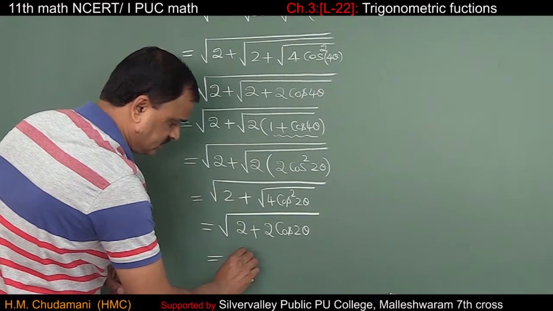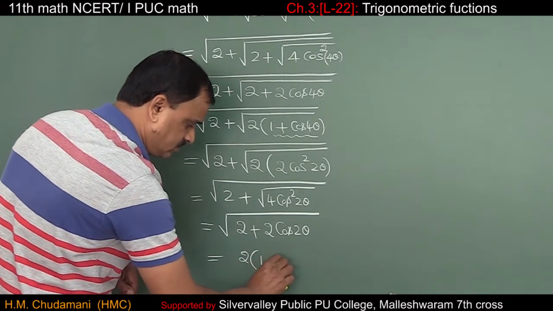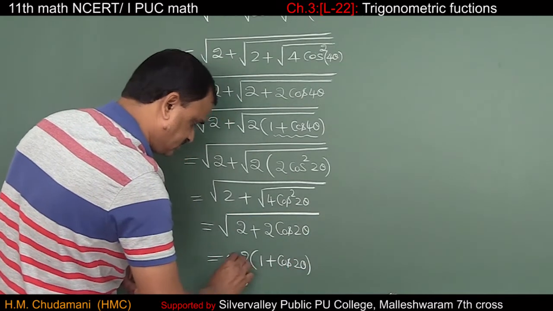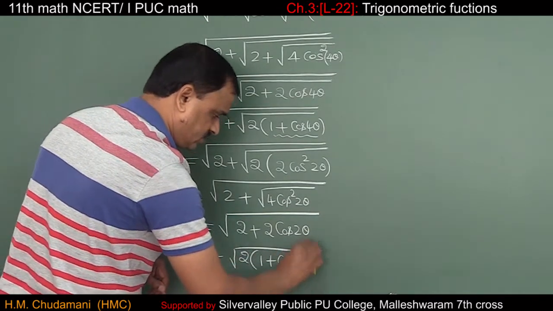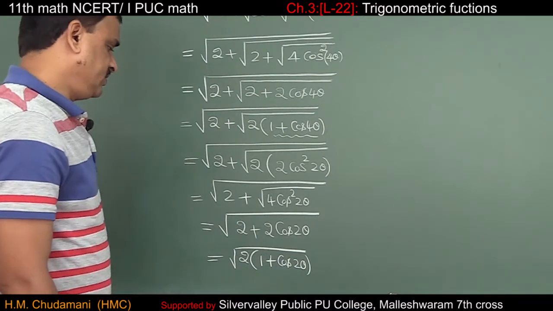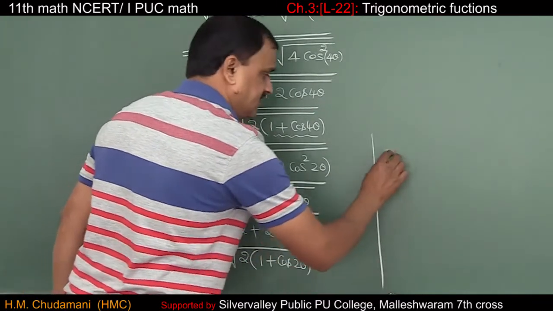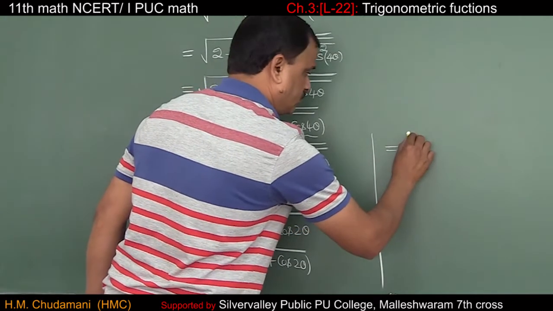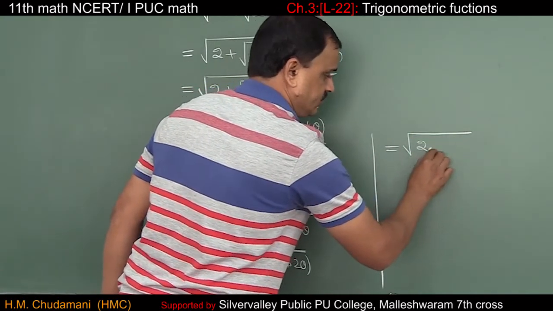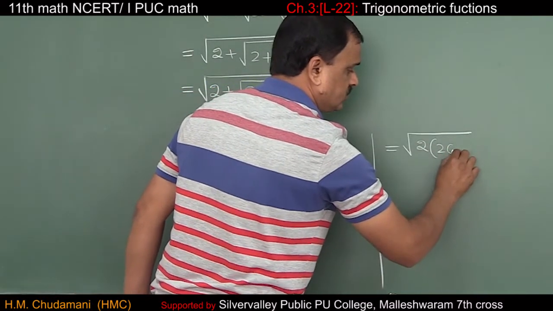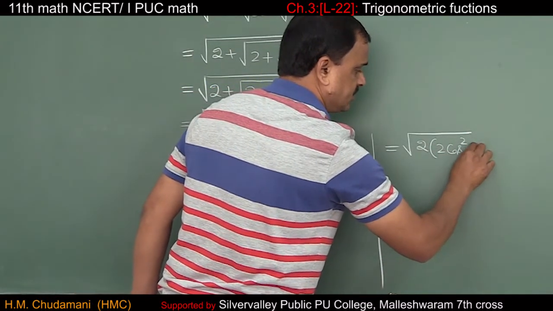Between these two I just take 2 common, 1 plus cos 2 theta, 1 plus cos 2 theta. That is nothing but, I just write here, root of 2 into 1 plus cos theta is nothing but 2 cos square theta.